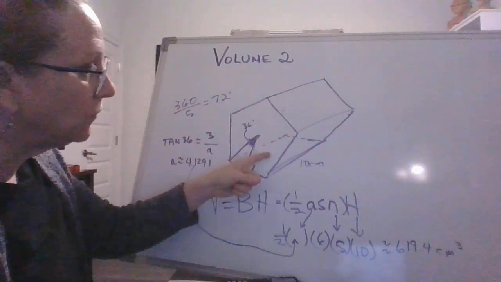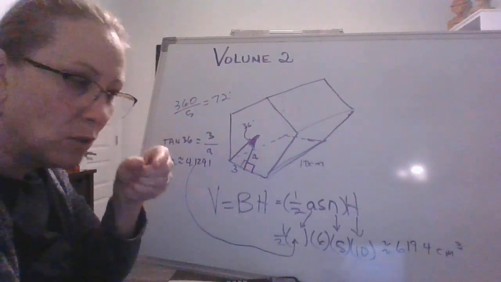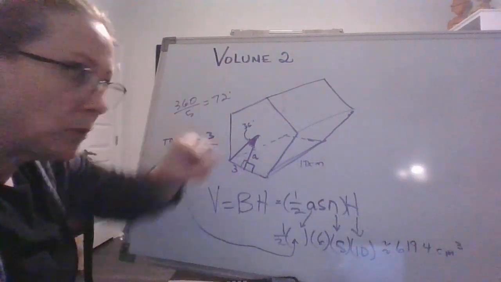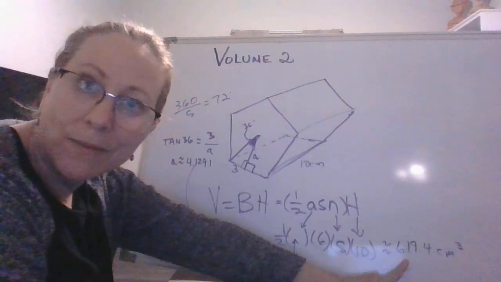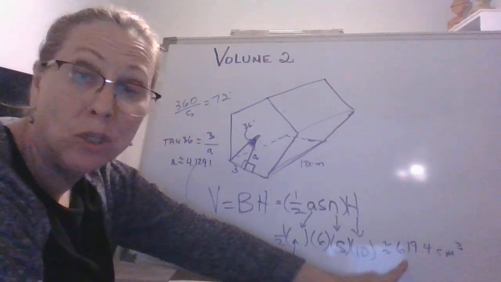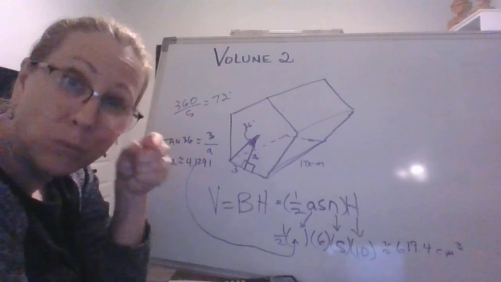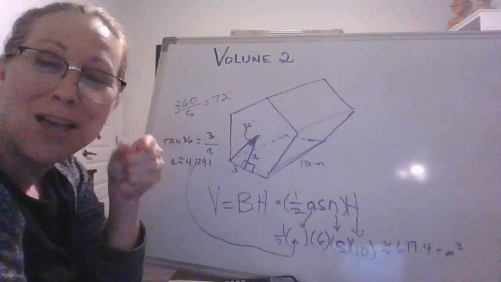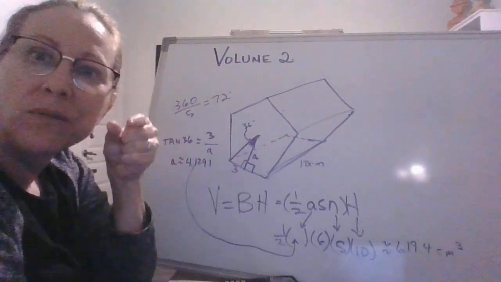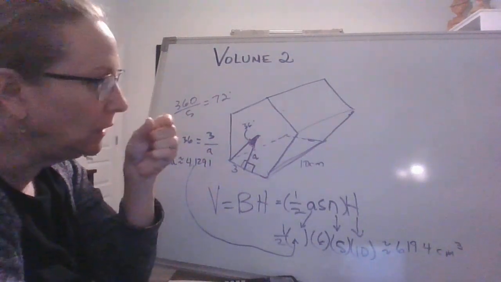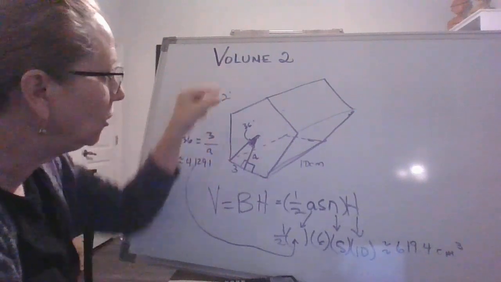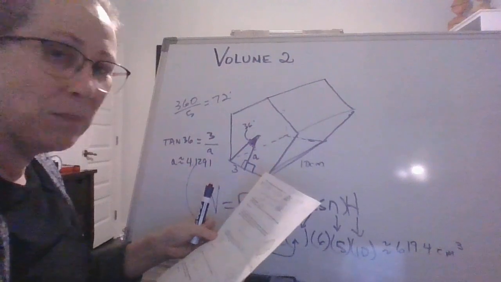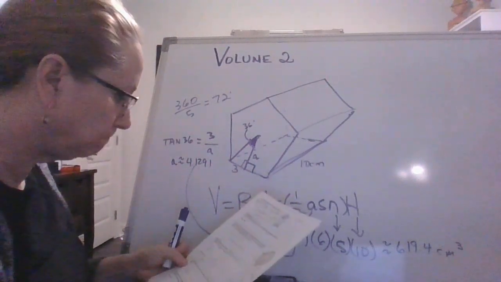If I had to fill this up with that little cube and just fill it up with water, pour it in, fill it up, pour it in, I would have 619 of those little cubes and about 0.4 more. I don't want to fill it up with a little cube, but that's what that means. You'd be filling it up with a little bitty box cube and pouring it in. Okay, so that's what they mean by centimeters cubed.